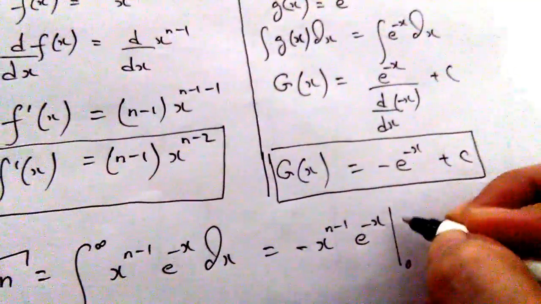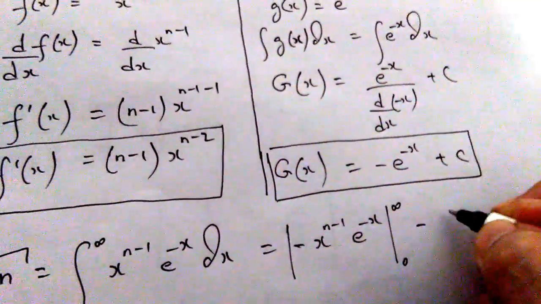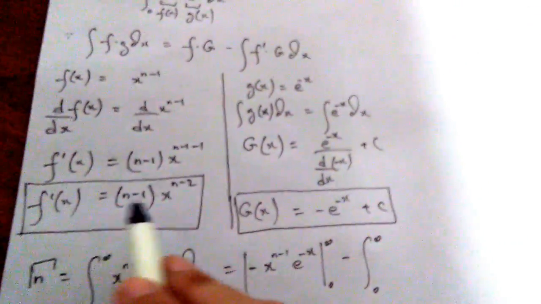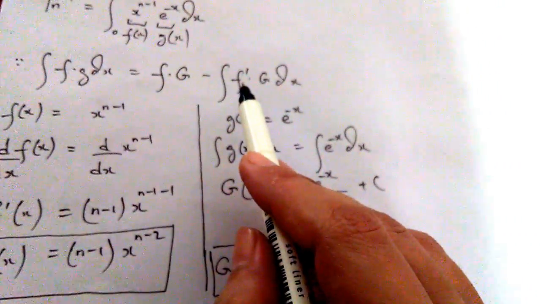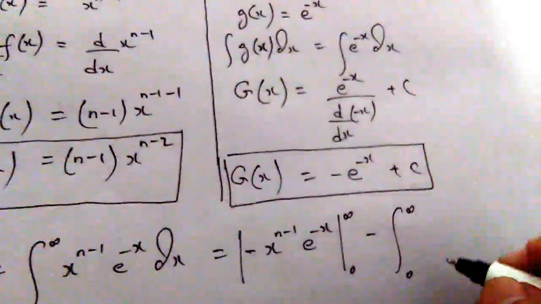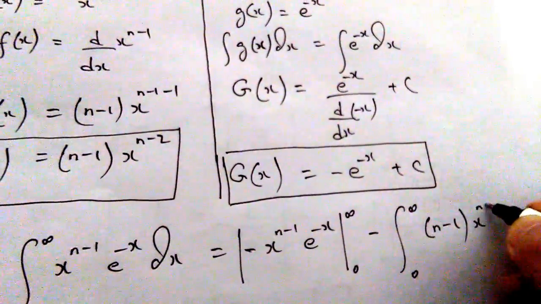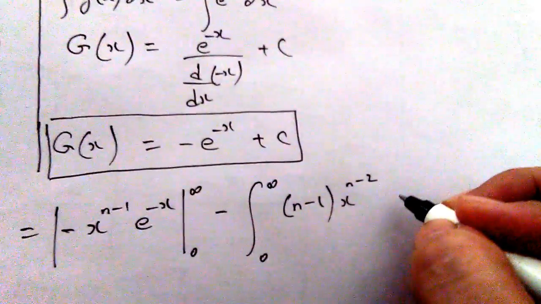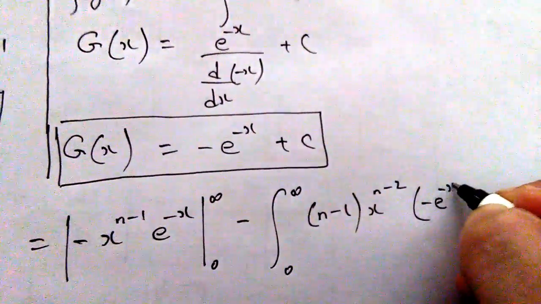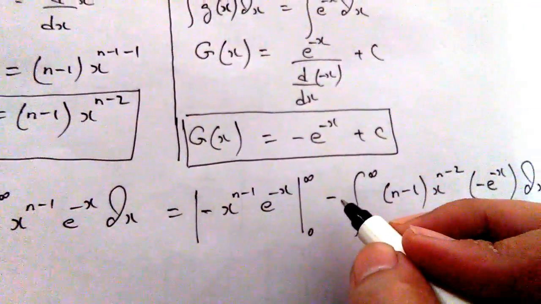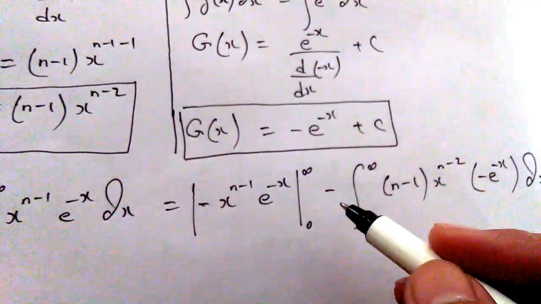And over here you're going to apply the limit, minus the integral with the limits, f dash into G. You can see that this minus and this minus will be turned into positive.